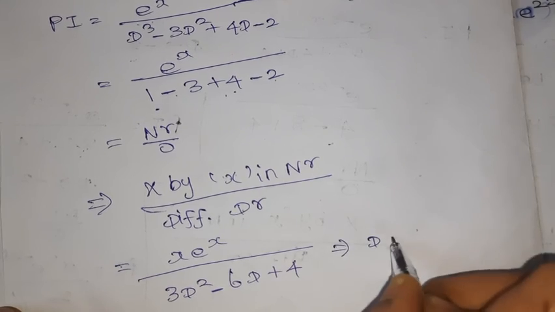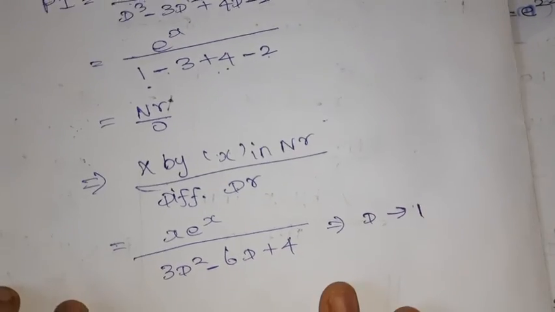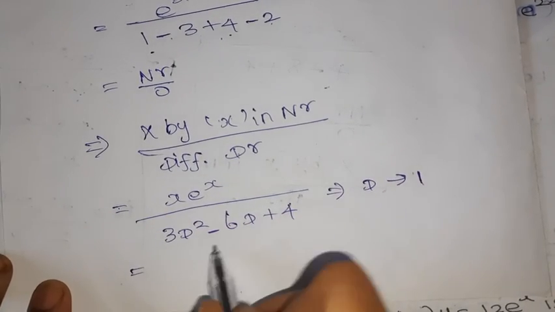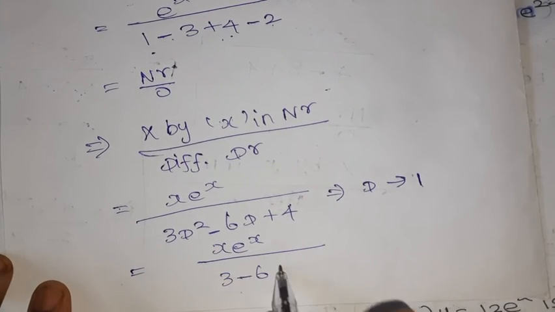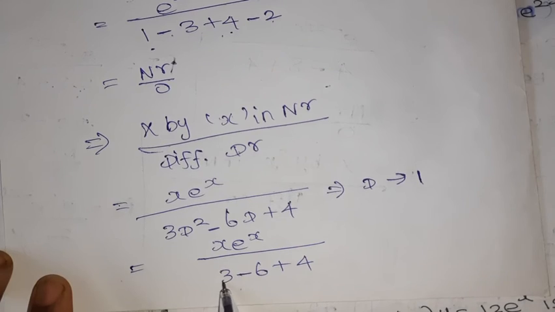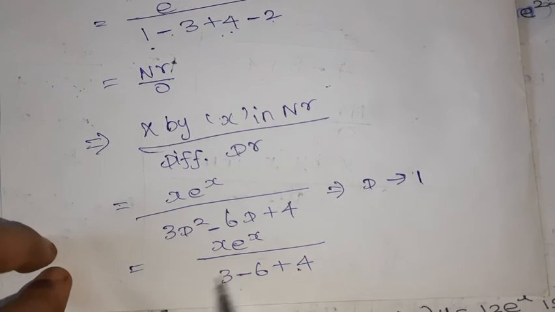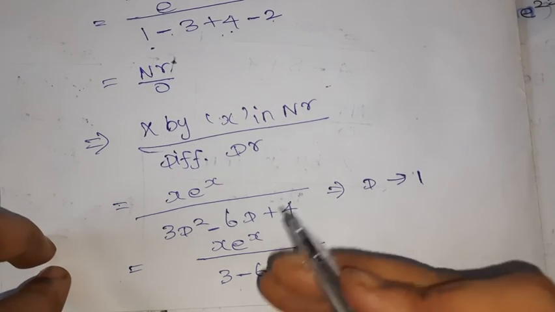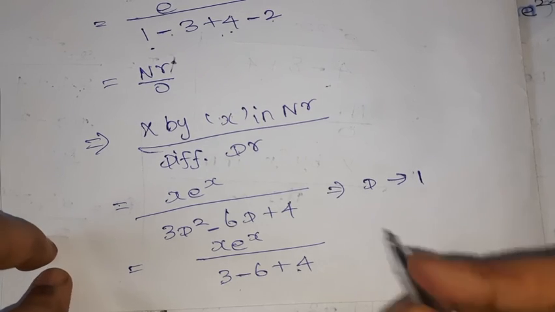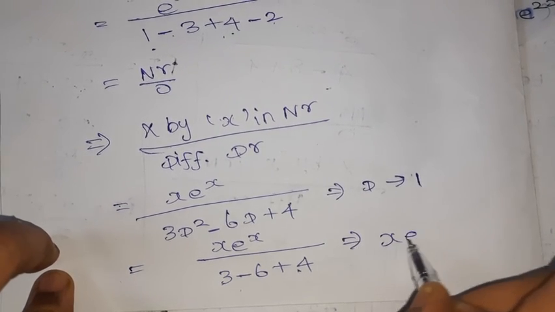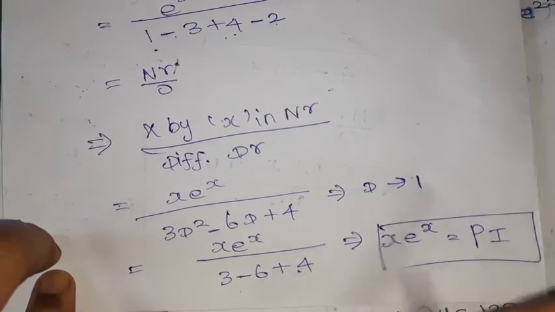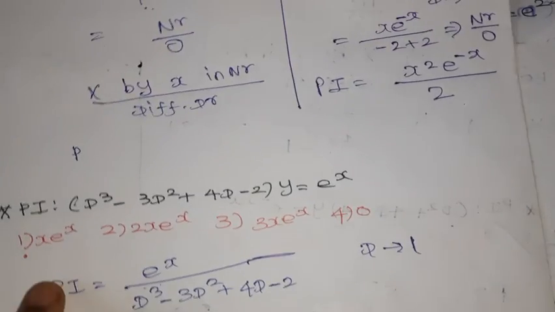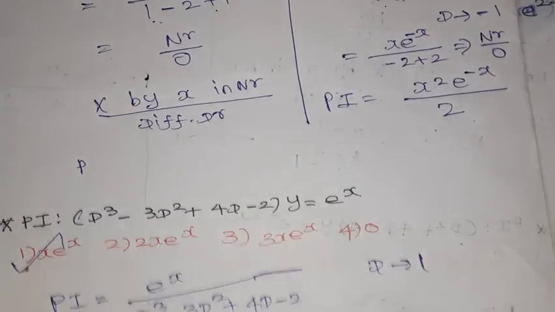Then what is the next step? D by 1. So x e^x divided by 3 minus 6 plus 4. 3 plus 4 is 7, 7 minus 6 is 1, so x e^x divided by 1 only. Simplifying, x e^x is the particular integral for this problem. So x e^x, option 1. Option 1 is the right option.